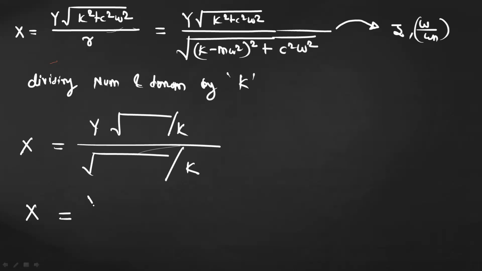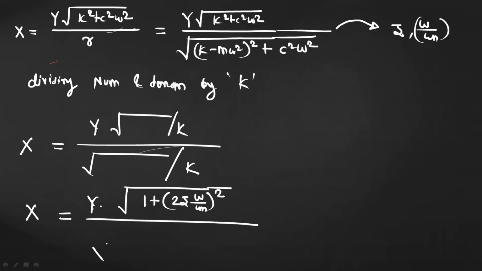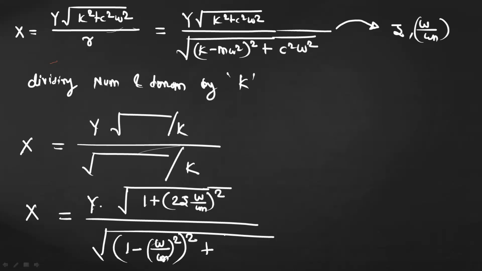So this capital X is equal to capital Y into the square root of 1 plus (2 zeta omega upon omega n) bracket square, upon the square root of (1 minus (omega upon omega n) square) bracket square plus (2 zeta omega upon omega n) bracket square. Okay. So if you simplify this equation, finally you will get this equation. Okay.